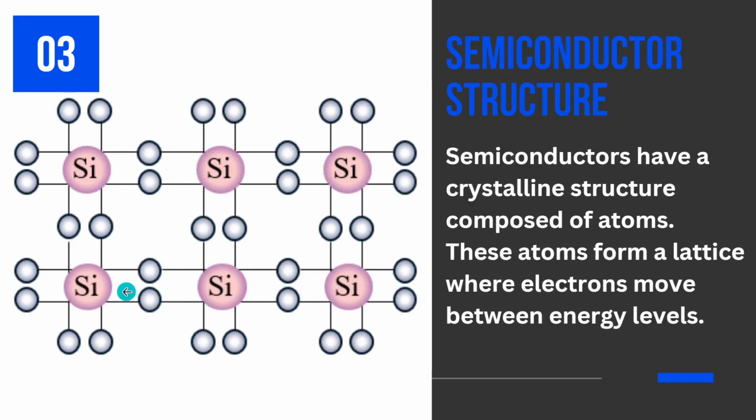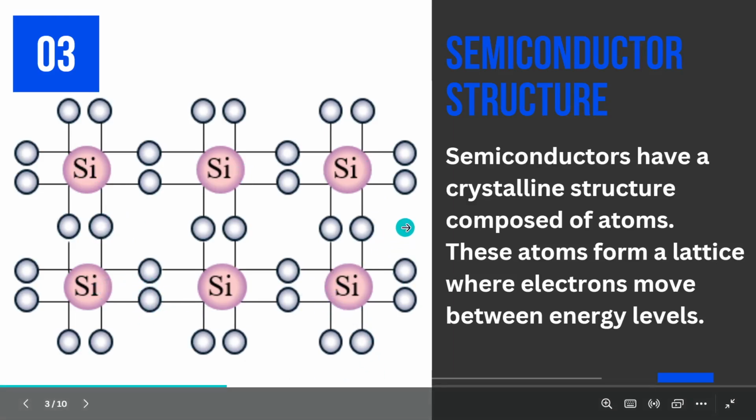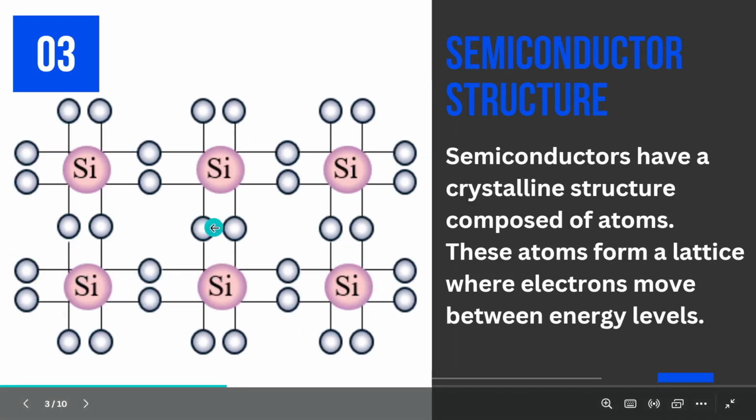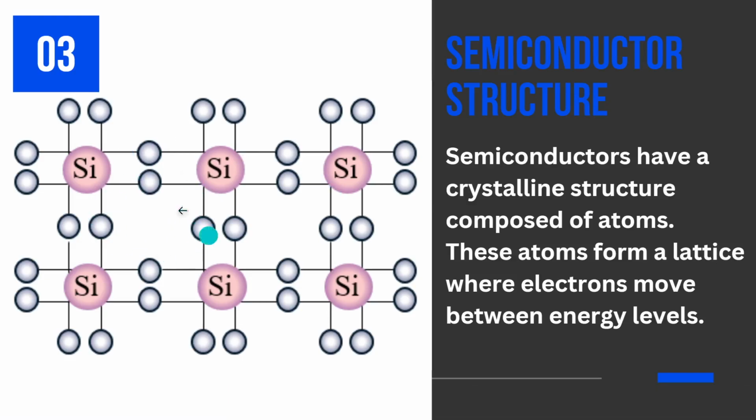These six atoms are sharing their electrons. As you can see, these two atoms are sharing these two electrons, and these two atoms are sharing these two electrons. And this is the silicon material, a type of semiconductor material.